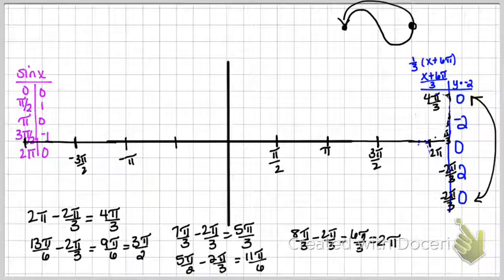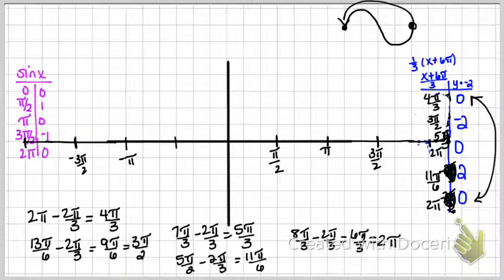Then it was 3 pi over 2. And then it was 5 pi over 3. Then our next one was 11 pi over 6. And the very last one there is 2 pi.